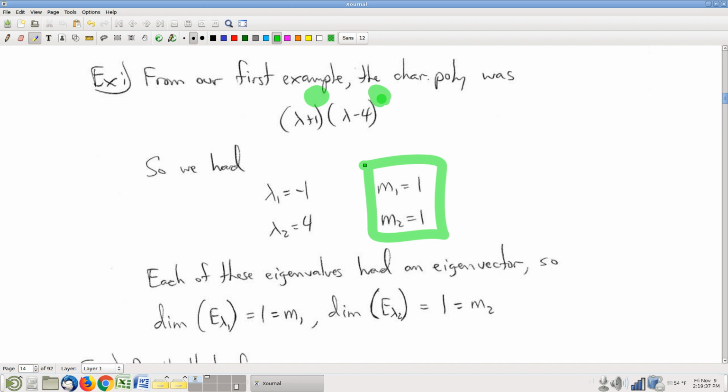And for the second eigenvalue, I'd better get 1 eigenvector. And we did. We got one eigenvector for the first one, and we got 1 eigenvector for the second one. All the arithmetic and details are in that first example from 5.4. Okay, so that matrix is diagonalizable, and of course we already saw that diagonalization happen.